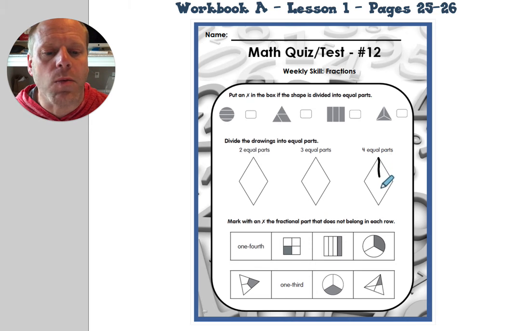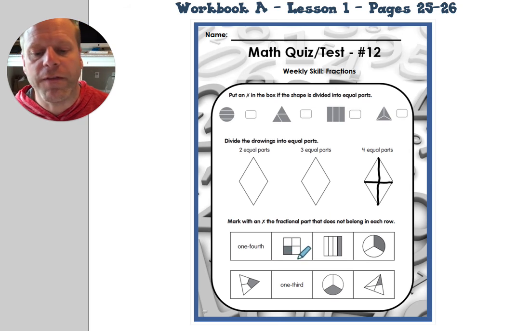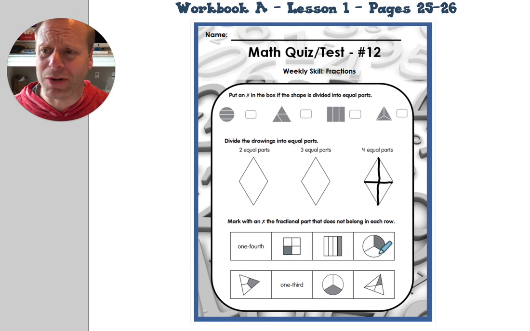So you might say, well, there are 2 equal parts. And now I have 1, 2, 3, 4 equal parts. Down here, you have to put an X on the weirdo. So this says 1/4. This says 1/4. This says 1/4. This one, though, doesn't. This says 1/3. That's the weirdo. Cross it out.